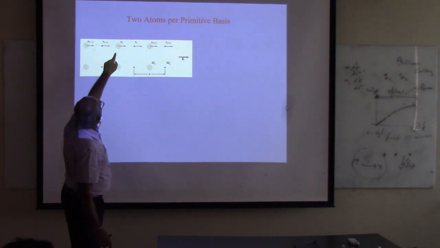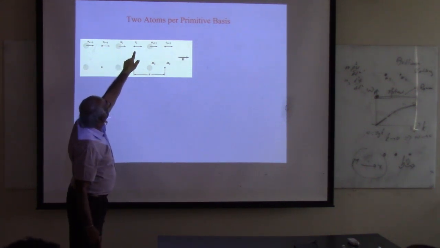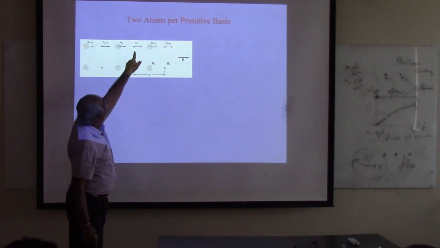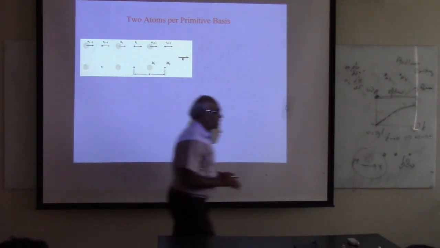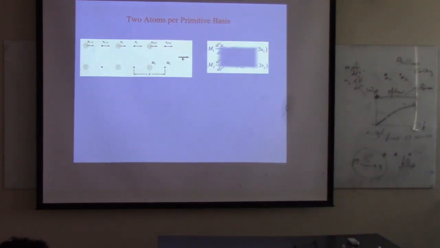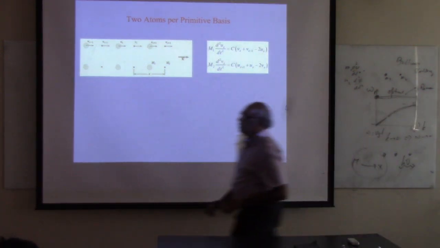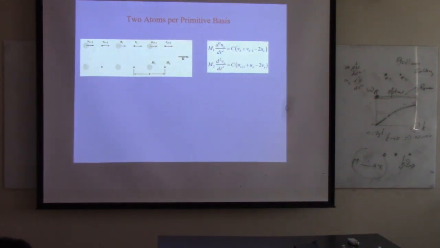If I write this one as s, this is s plus 1, this is s minus 1, the particle position. So you get v_s minus u_s, then from this side we have v_s minus 1 minus u_s.